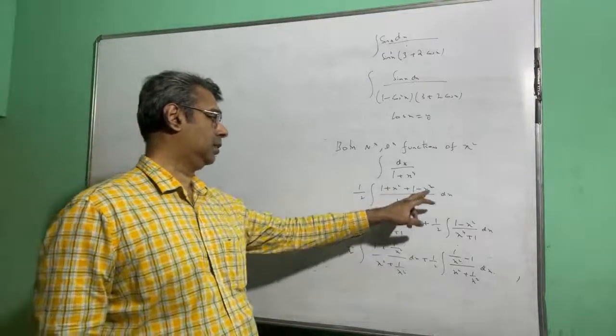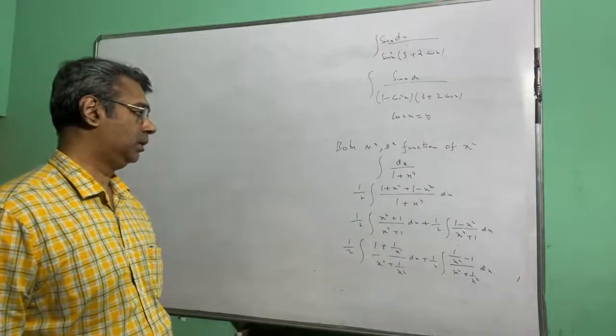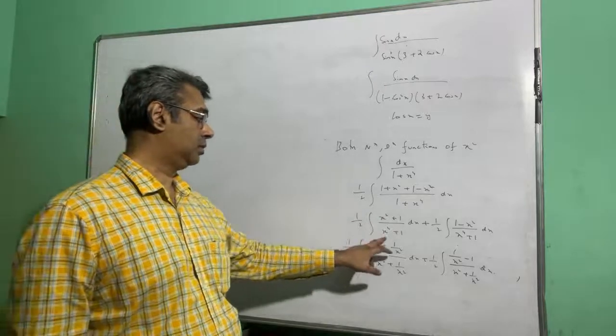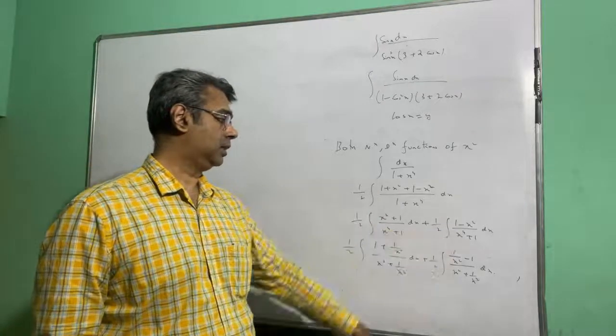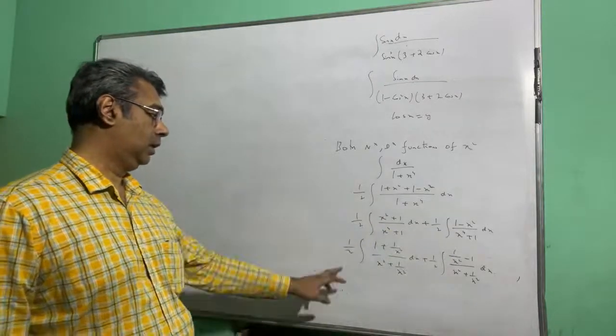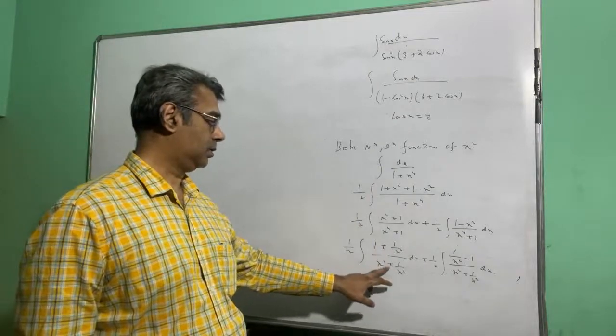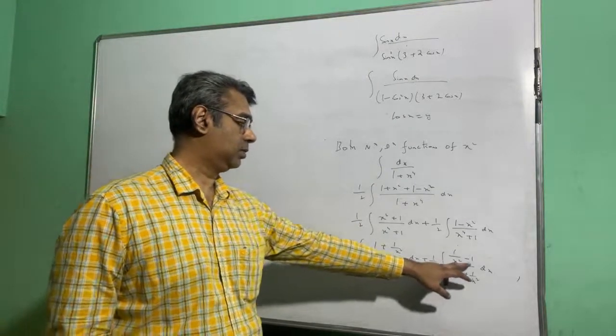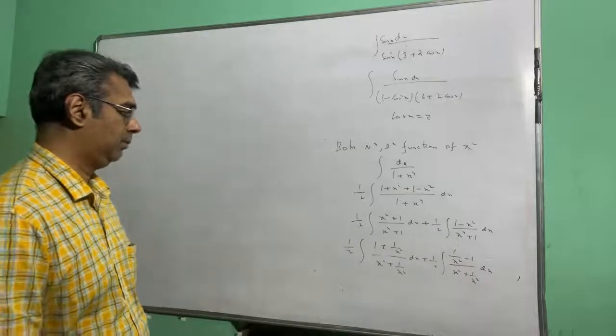Half 1 plus x square plus 1 minus x square by 1 plus x to the power 4. So half x square plus 1 by x to the power 4 plus 1 plus half 1 minus x square by x to the power 4 plus 1. So half 1 plus 1 by x square plus 1 by x square, plus half 1 by x square minus 1 by x square plus 1 by x square.